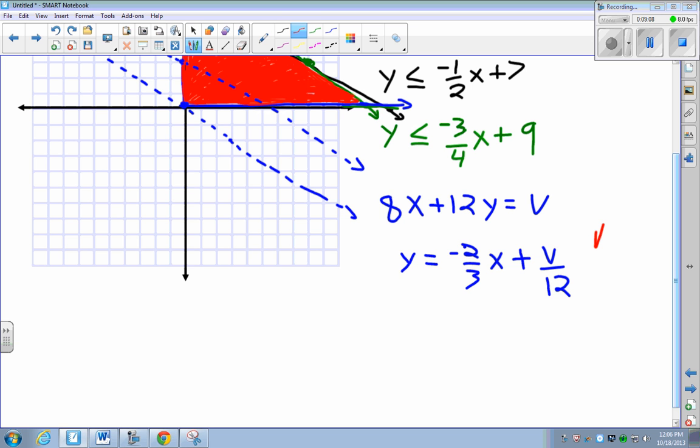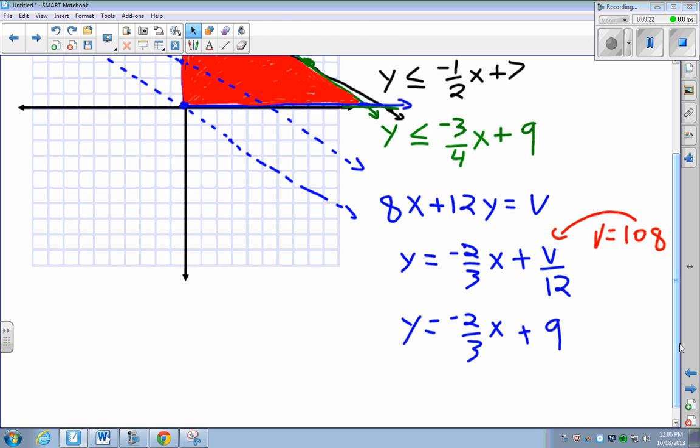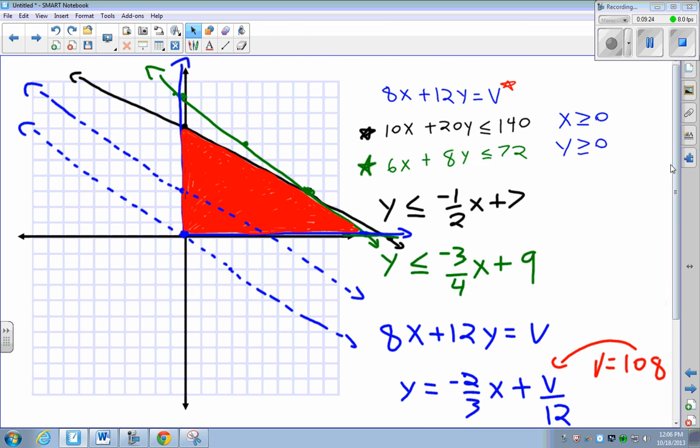So if volume equaled 108, let's plug that in there. y is equal to negative 2 over 3x plus 9. Okay, so let's graph that up here. It's going to have an intersection right here, and let's go ahead and graph it.